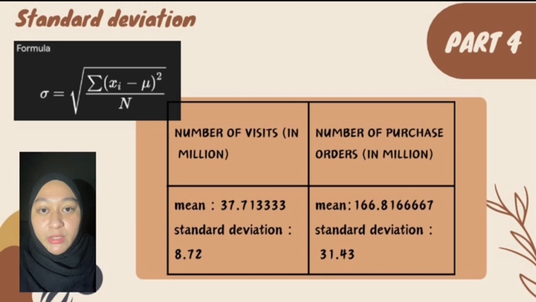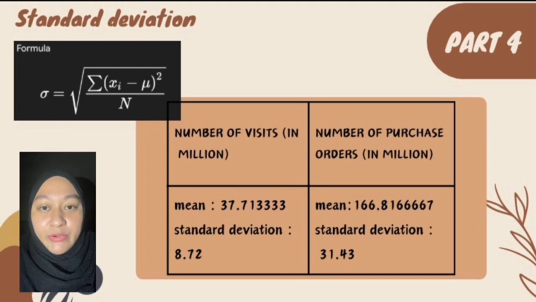For standard deviation, we find it by the formula given. First, we find the mean, and second, find each deviation from the mean. Third, square each deviation. Fourth, find the sum of the squares.